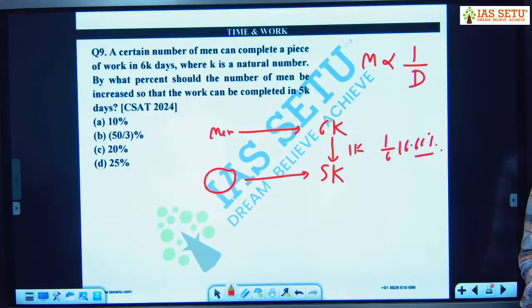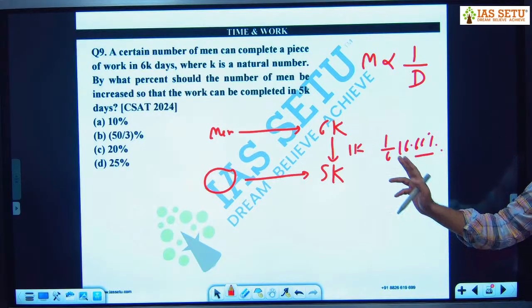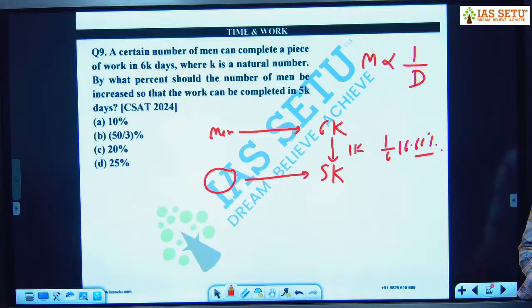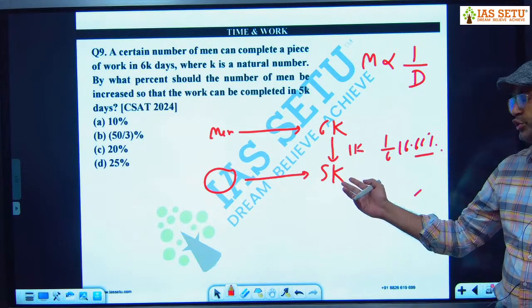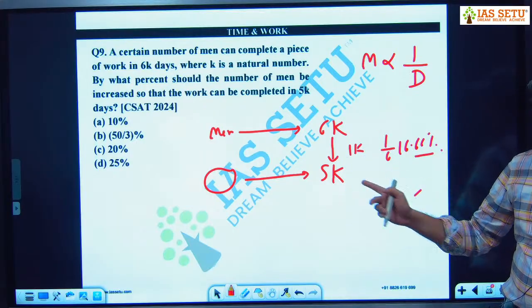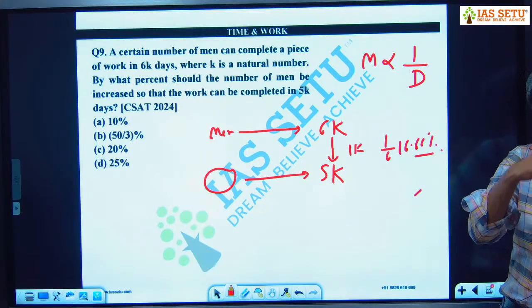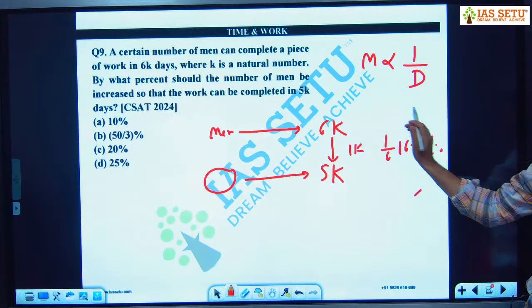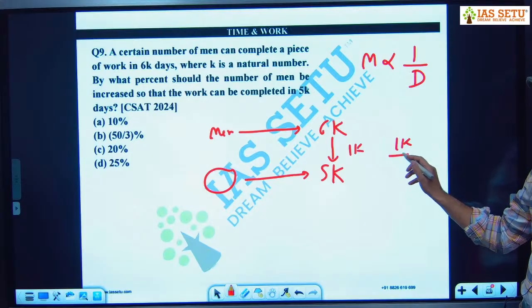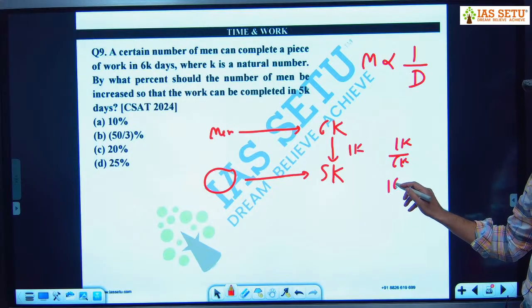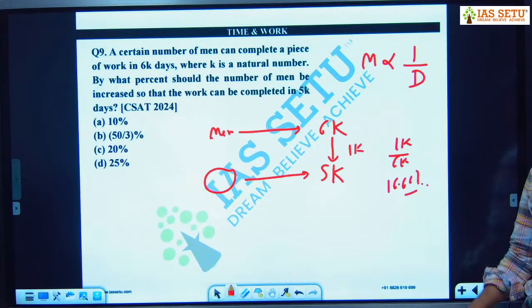If you are comfortable, I tell you two methods. One is this, second is time and work concept. Earlier you need 6k days, now you need 5k days. So number of days reduced by 1k out of 6k. So what is the reduction? 1/6, which is 16.66%.